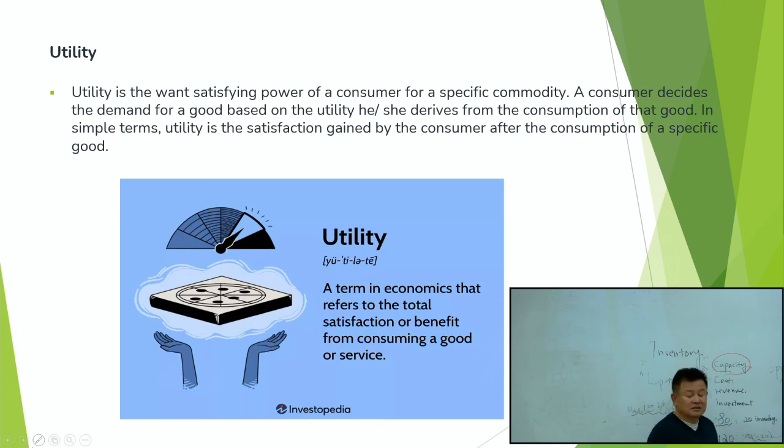Or you sell 80 laptops, 20 is inventory, that's it. This is accounting. But in management science, the cost is different.